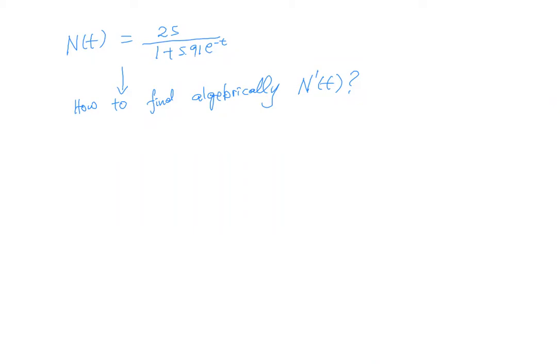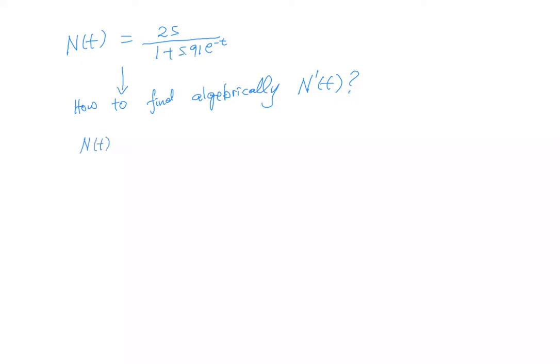Okay, should have some idea how to do that, correct? Okay, Xinyi, do you know how to find the n prime t here? Xinyi, is it possible for you to talk? Yes, miss. Okay, you tell Miss how to find n prime t?